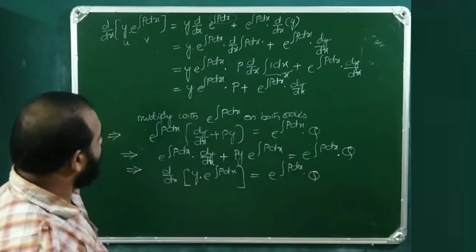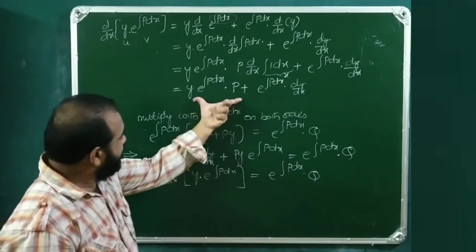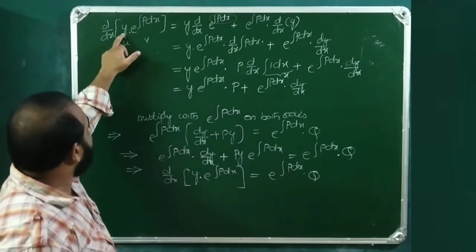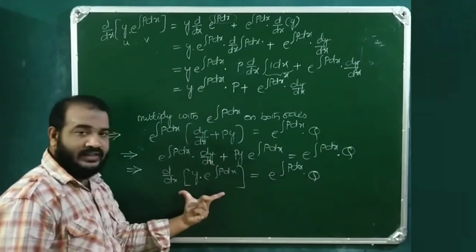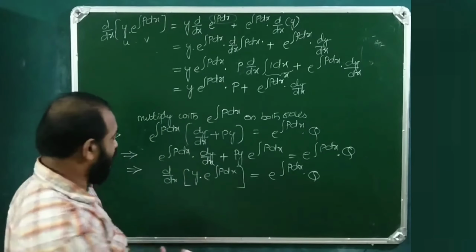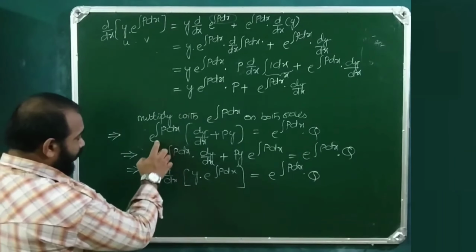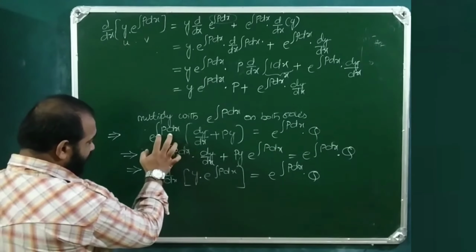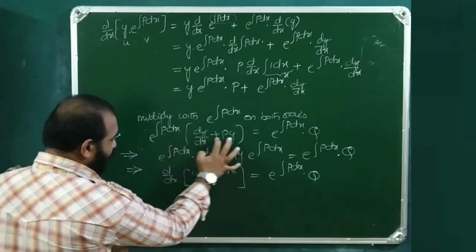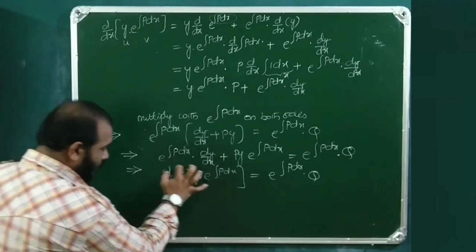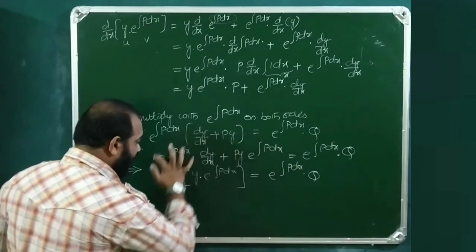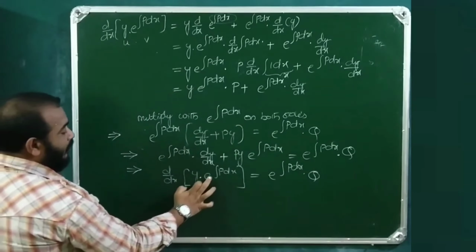So this is the result of y e power integral p dx. Therefore this I have written to be this. Hope you understand this. Again I am telling you, e power integral p dx, I have just multiplied this with these two terms and here also. So the whole thing I have written to be y into e power integral p dx.